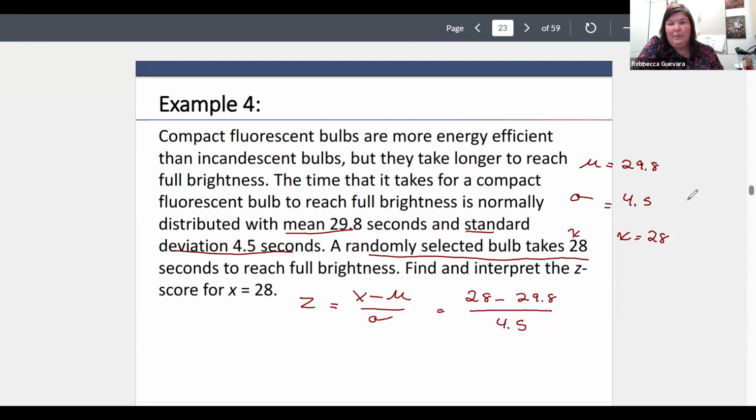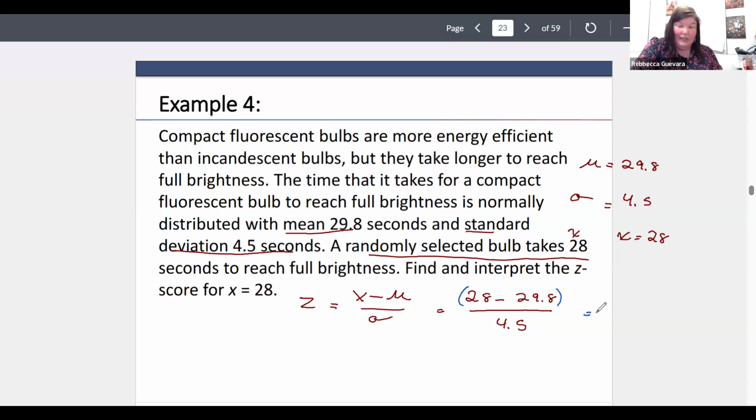So remember, anytime you do z-scores, that top part needs to be in parentheses. Or you just do that subtraction first, and then you go back and divide.